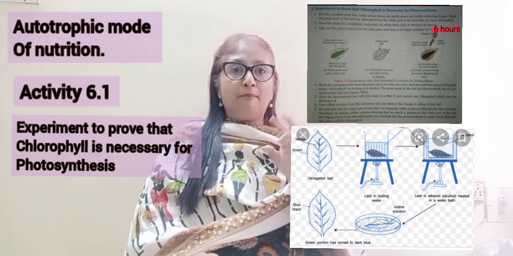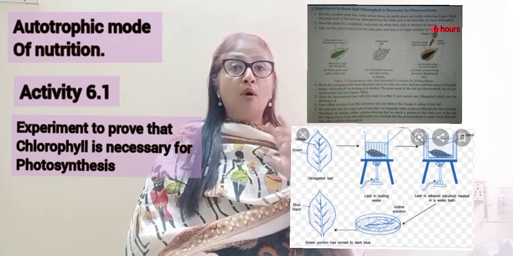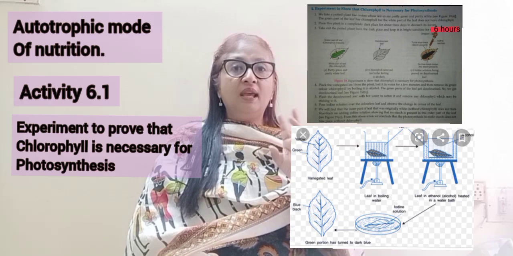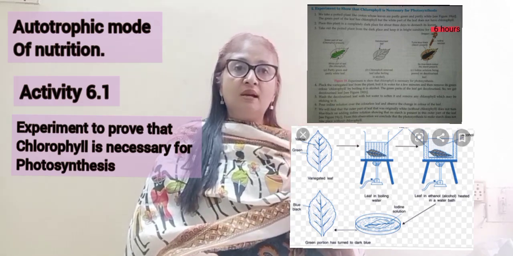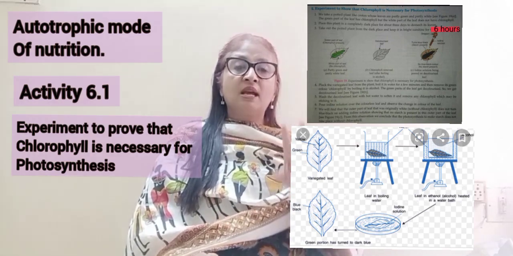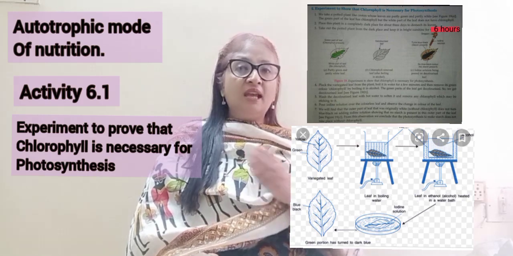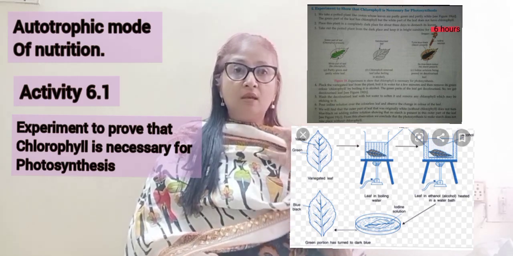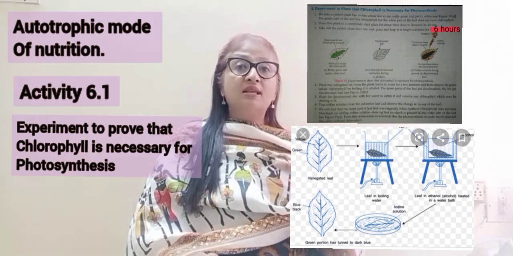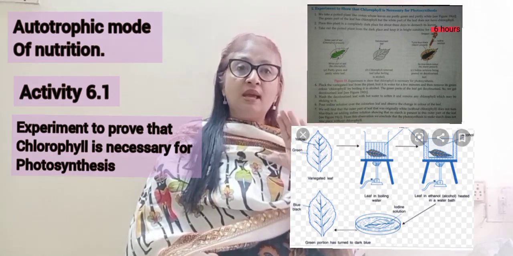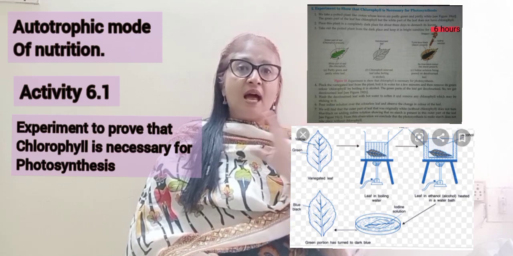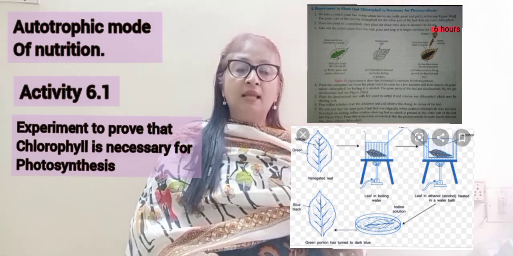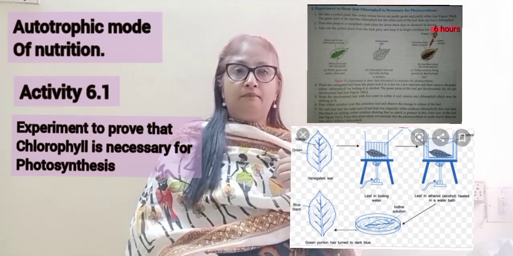The leaf which we have plucked, we have to boil in a beaker containing alcohol. But this beaker containing alcohol cannot be kept directly on the flame. It has to be kept in a water bath. What is the reason? Because alcohol is highly flammable. So this beaker containing alcohol has to be kept in a water bath and then placed on the flame.